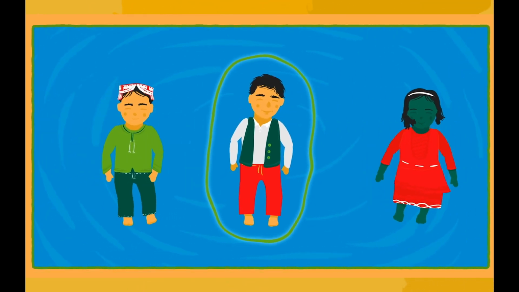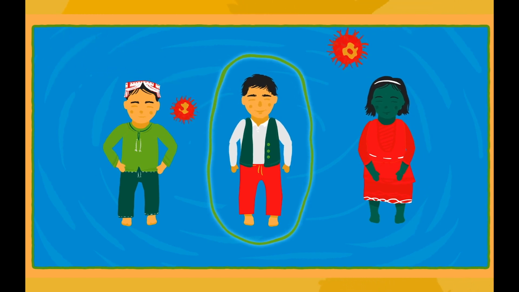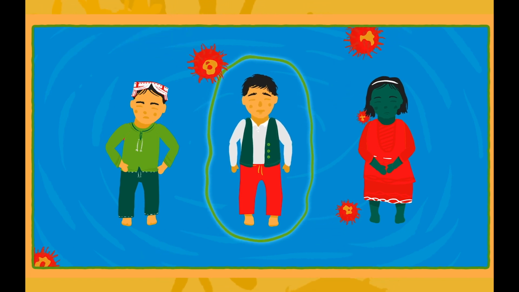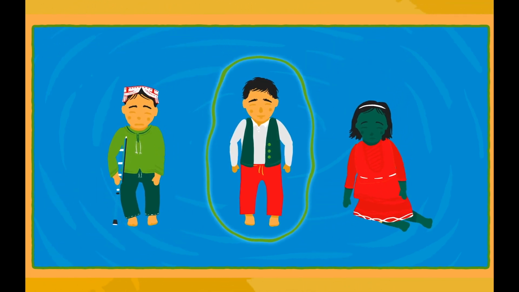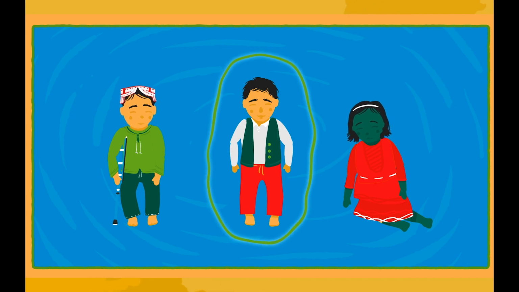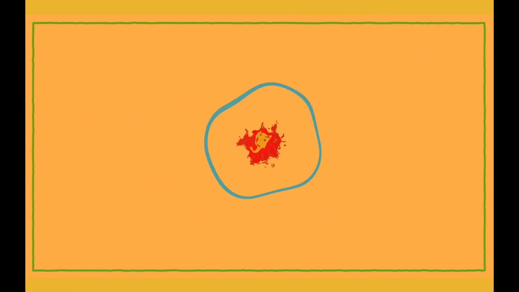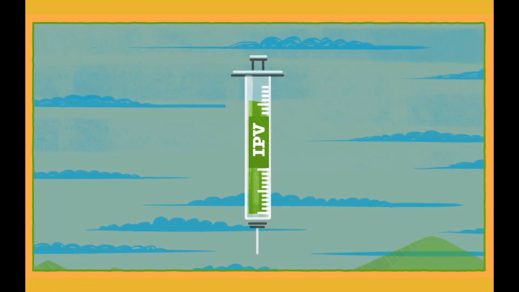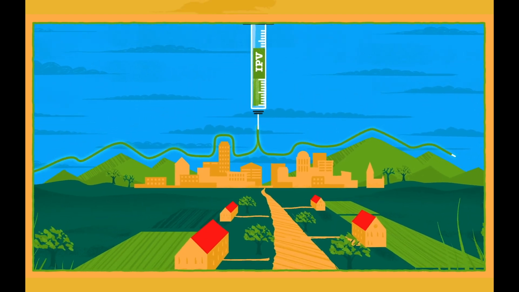It helps to boost immunity and keeps countries free from polio. But it doesn't stop polio spreading between children, so it is not as useful in places where the virus is still circulating. We need the oral vaccine to stop the virus wherever it is found. Once polio has been stopped everywhere, the inactivated poliovirus vaccine will be used on its own to keep populations protected.